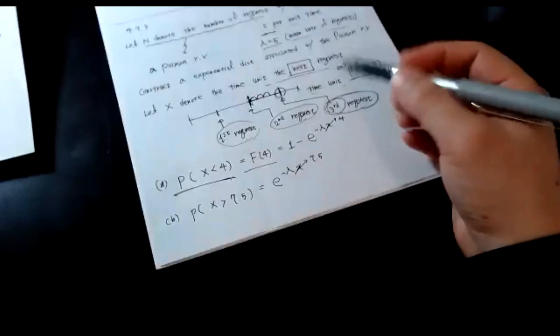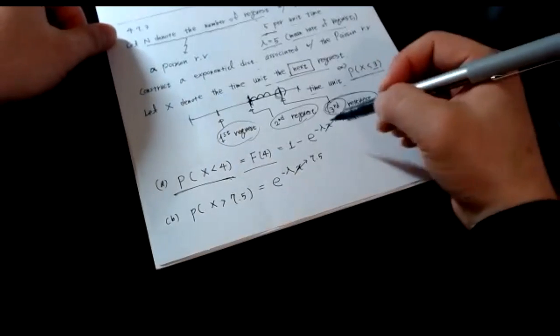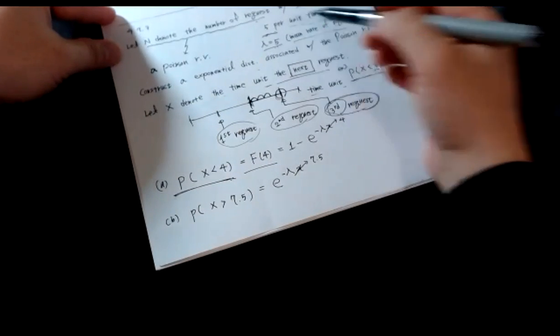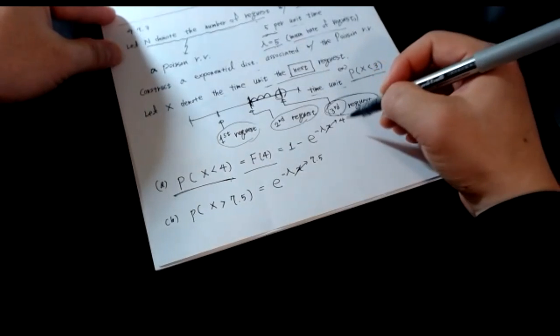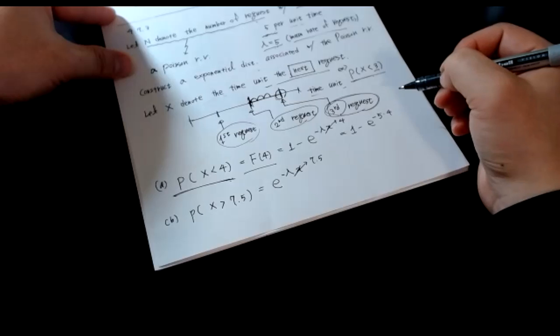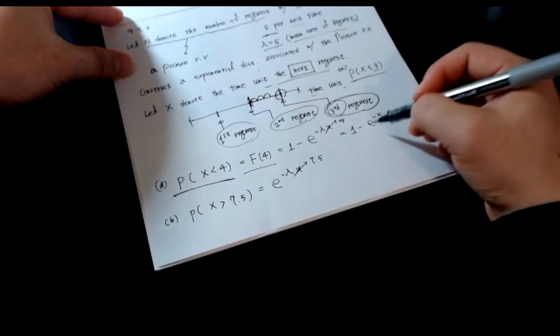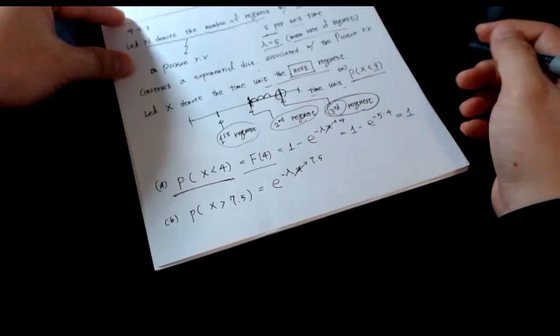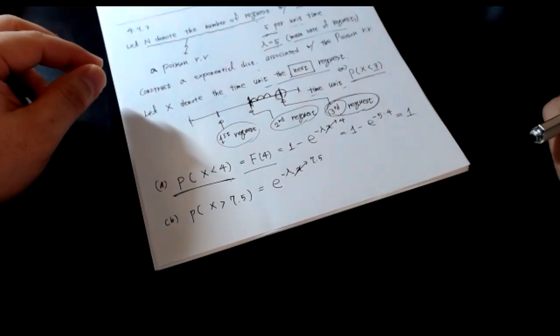Lambda is 5, and x is 4. So this is equal to 1 minus e to the negative 5 times 4. Think about this: e to the negative 5 times 4 is almost 0, so this is actually 1.